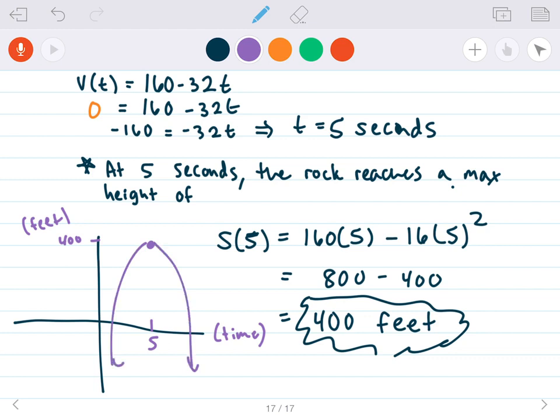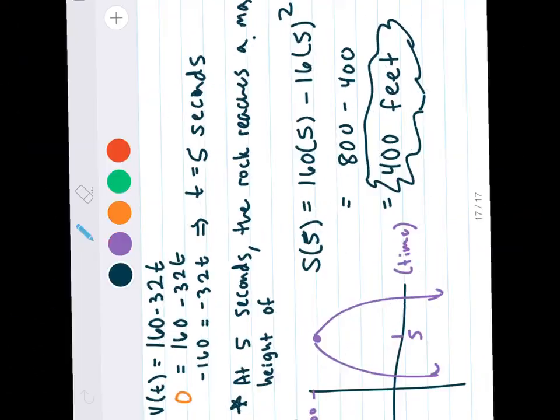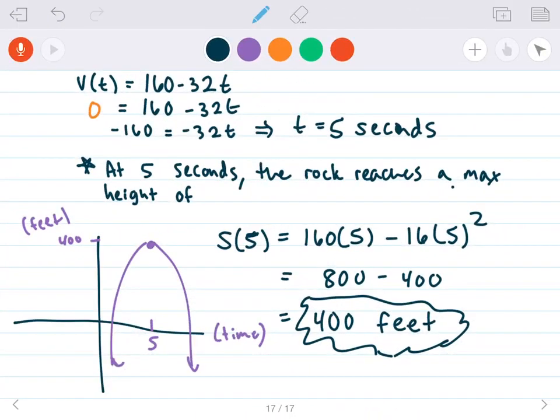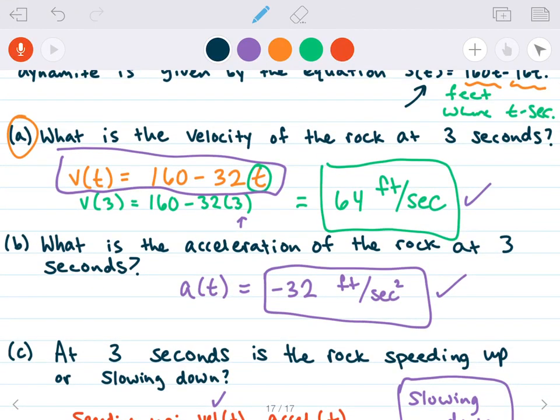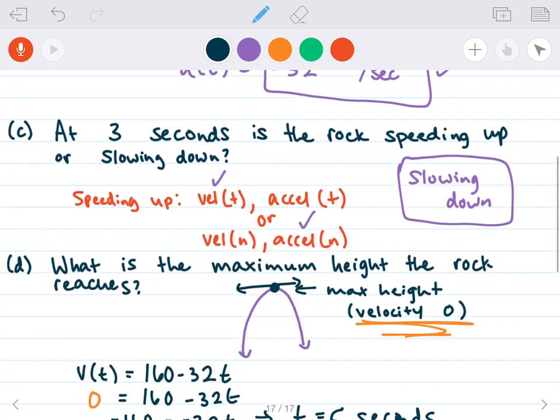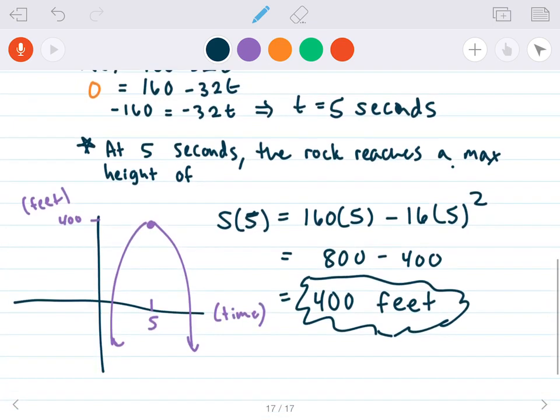And so let's think about what we just gathered from algebra, not the graph. The first thing we gathered was the following. We have the velocity of the rock at 3 seconds. It's 64 feet per second. Okay, so let's look at that on the graph. So this is 3 seconds.